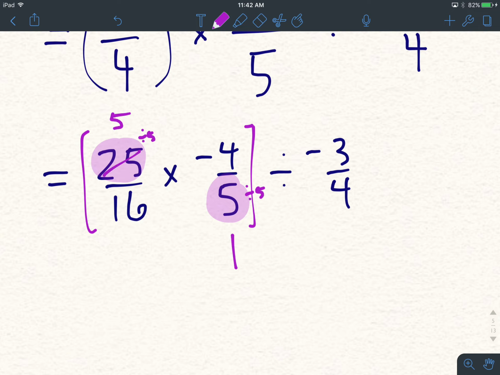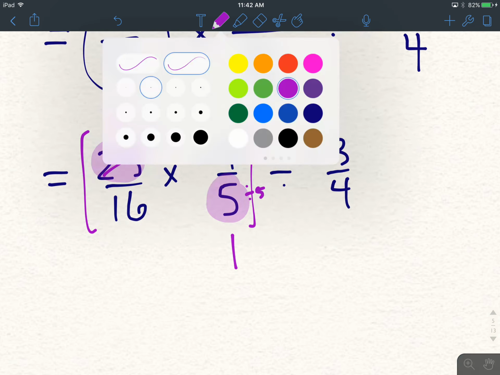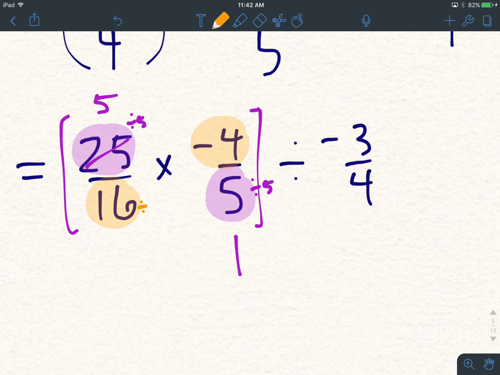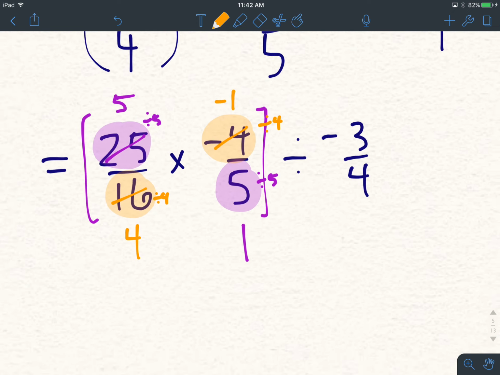Fortunately, I can do the same thing with the other two numbers. I have a -4 and a 16. If I divide 16 by 4, I'm left with 4, and if I divide -4 by 4, I'm left with -1. So I've done some reducing here.